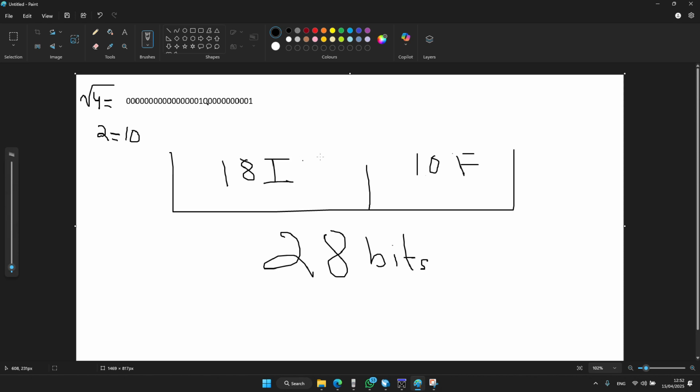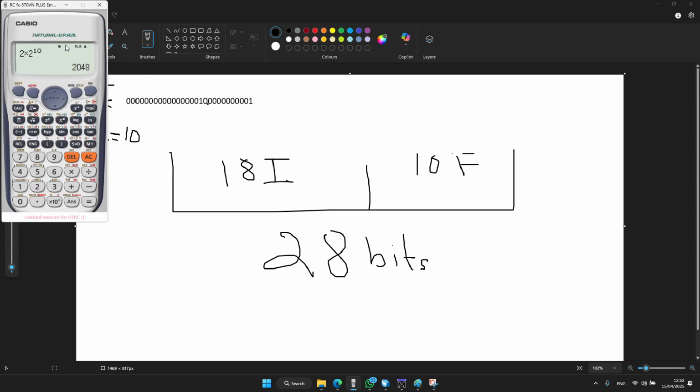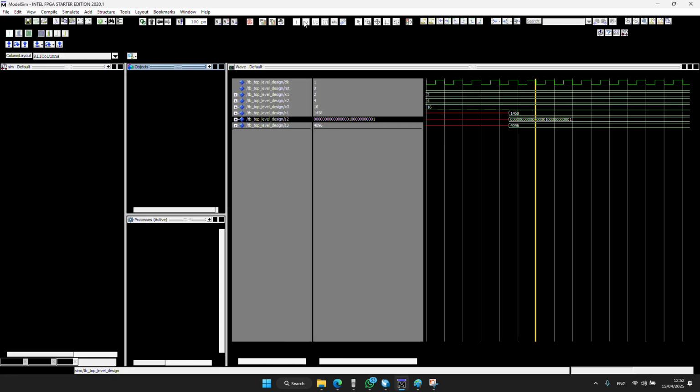One way was that we multiplied the answer with the scaling factor of the fraction bits. So this is how ModelSim converts binary to decimal. That is why you see that big figure in ModelSim.